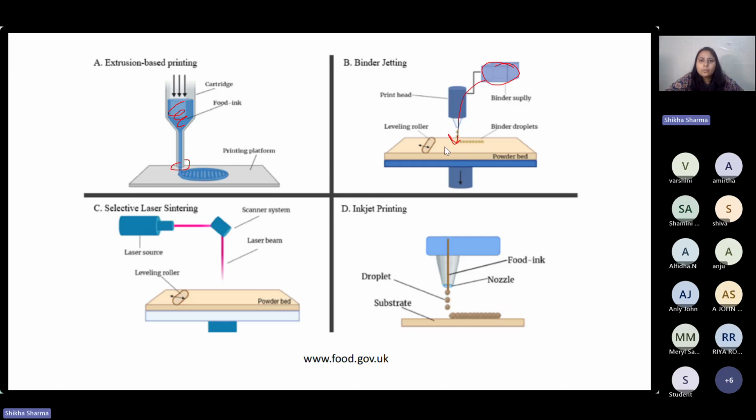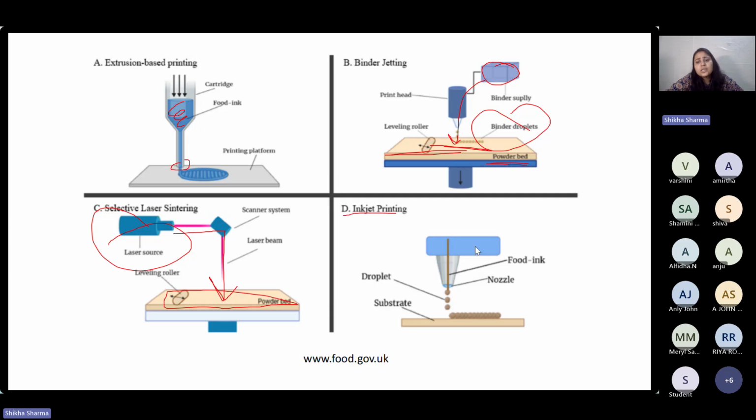It will come and the binder will drop over the powder bed, so over this the liquid will come. In selective laser sintering, the high power laser source is there, and this laser will come and provide the heat, and due to melting and then after cooling it makes the solid structure.